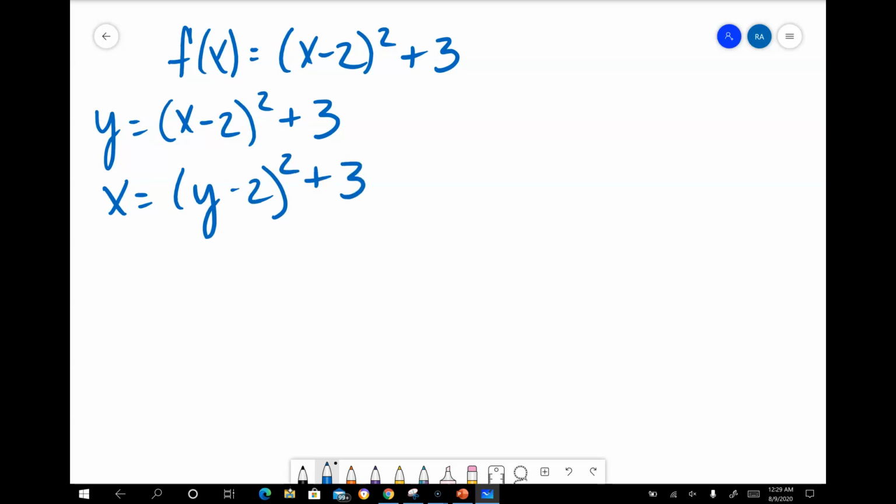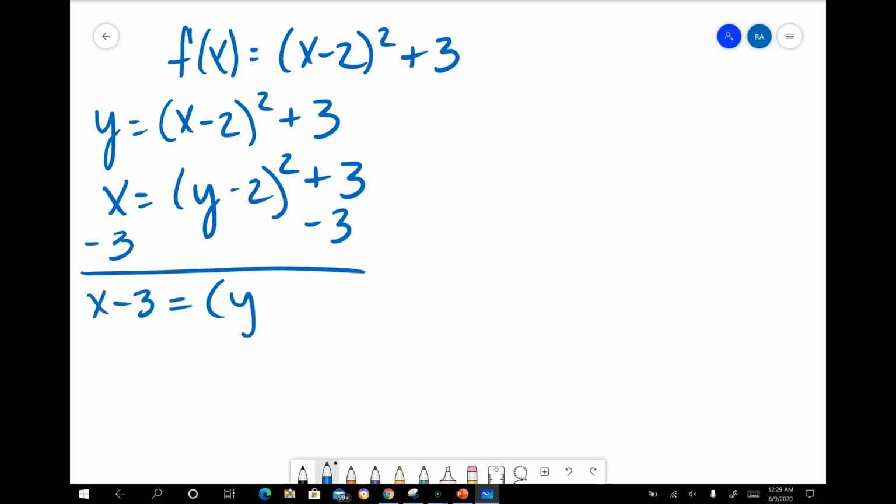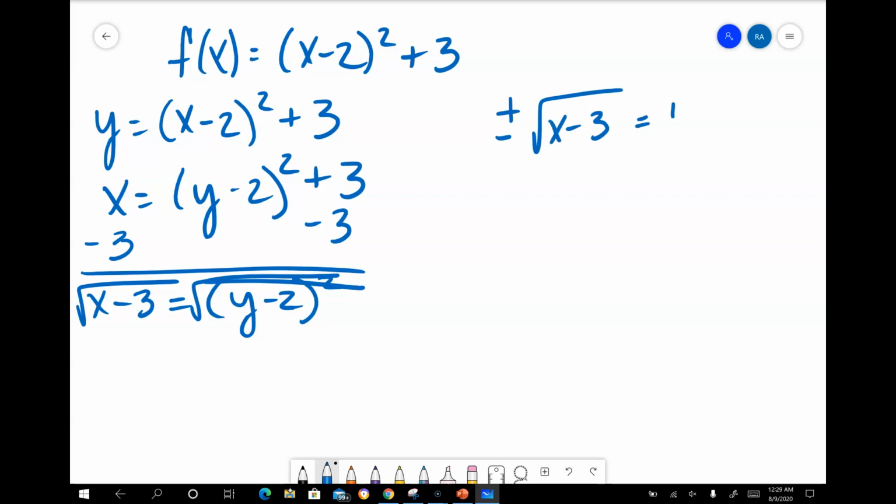Alright, remember, work from the outside in. So we're going to get rid of the 3 first. And we get x minus 3 equals (y minus 2) squared. You cannot touch the inside until you get rid of that exponent. So we're going to have to take the square root of both sides, because that's the inverse of a square. Now we have, do not forget your plus or minus, plus or minus the square root of x minus 3 is equal to y minus 2.